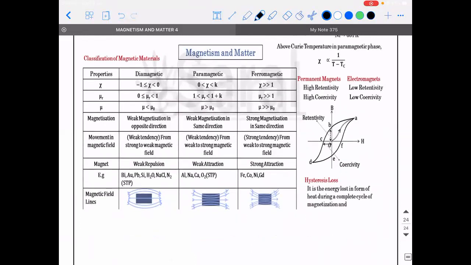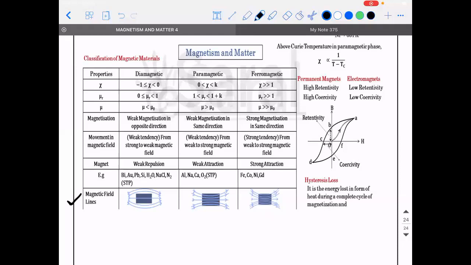We have already discussed this. There's only one point we didn't see. Sometimes they'll ask you to draw the magnetic field lines through a diamagnetic, paramagnetic, or a ferromagnetic substance.